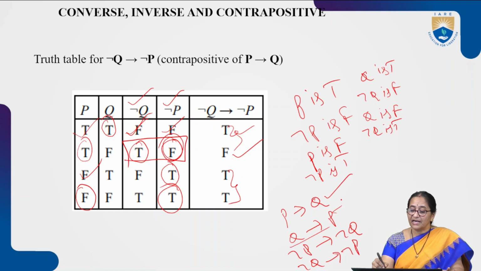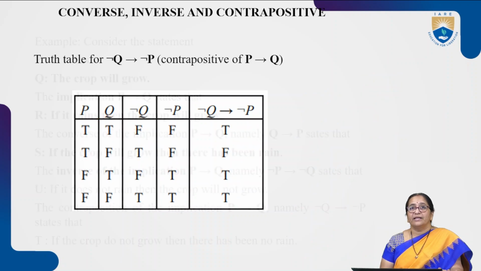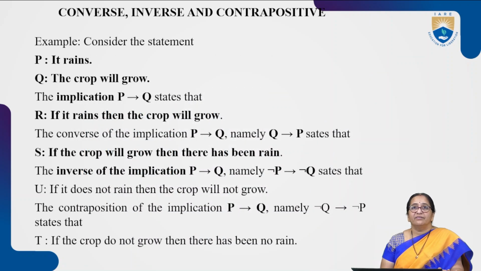Further, this is the converse, this is the contrapositive and this is the inverse. Like that, we have 4 different types of notations for our conditional statement: the conditional, converse, contrapositive and inverse.